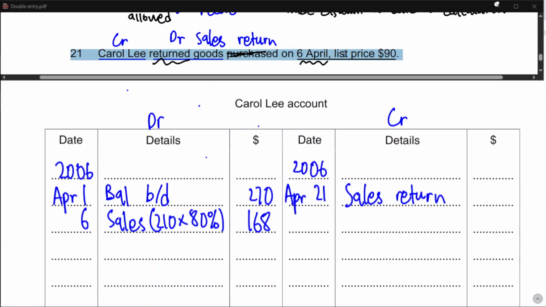List price, right? You also need to do calculation. So it refers to 6 April. Let's see that April 6 is 80%. So this 190 also needs to be times the same thing, 80%. So in total you get 72.